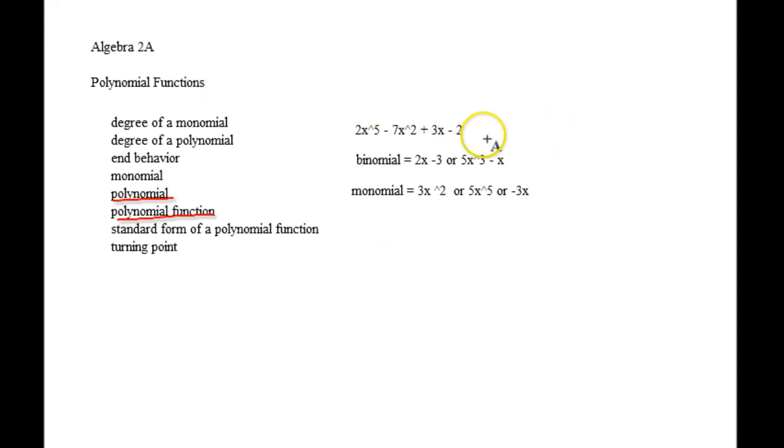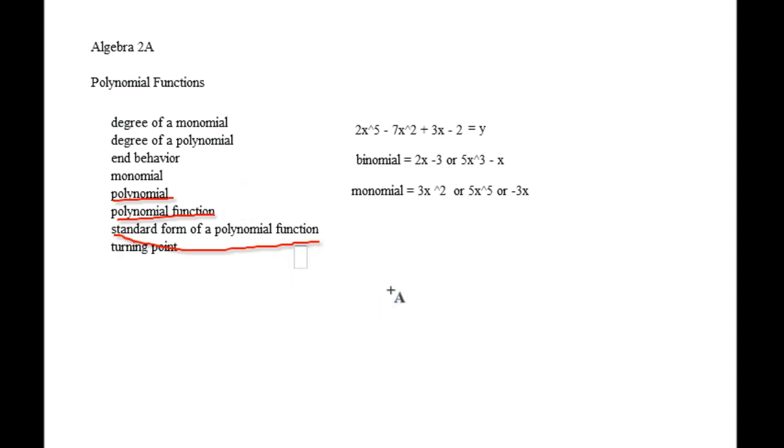Now, a polynomial function is something you can actually have a relationship with the y variable. In other words, you could graph it and you would get a regular form. The standard form of a polynomial function is hugely important because that's how everyone writes it.